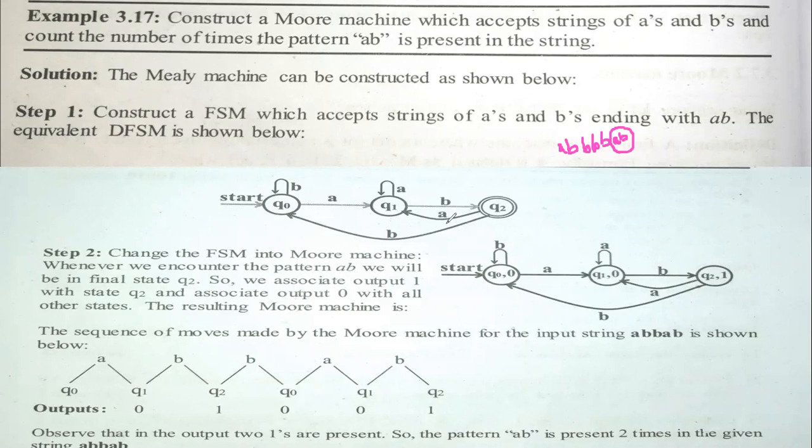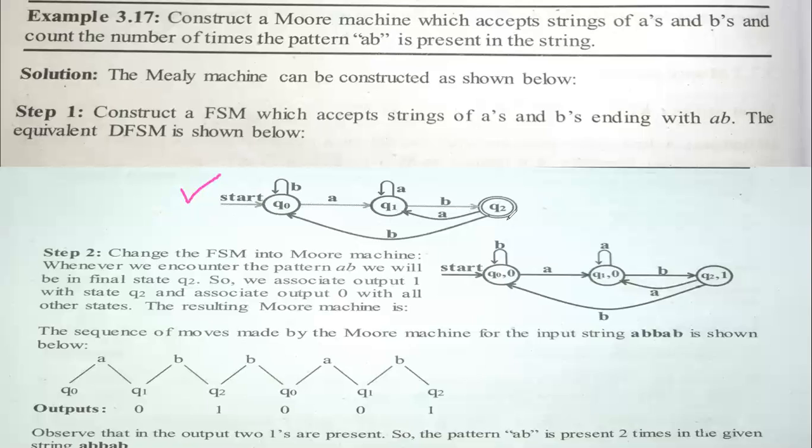Now we'll go through this. Here, using a DFSM, a deterministic finite state machine or DFA, we design this DFA skeleton. On A, B, whenever we get the pattern AB, it goes towards Q2. We discussed this in the DFA topic and also in the Mealy machine, so I don't want to repeat it.